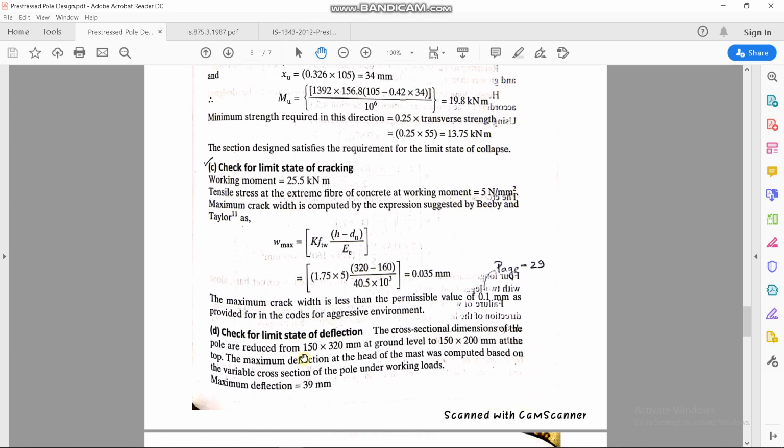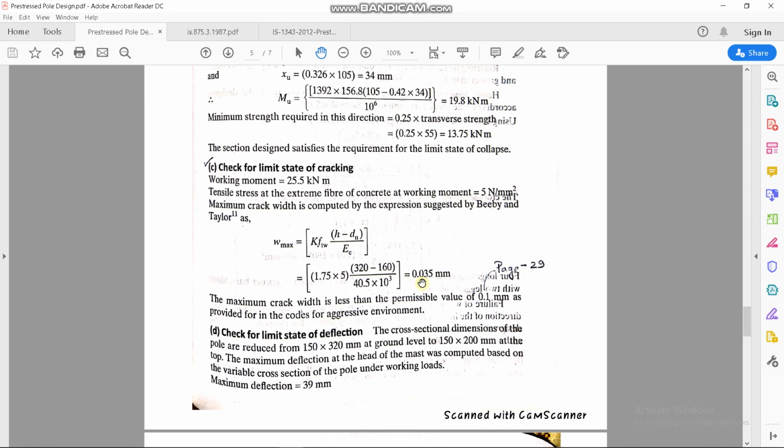Under the applied working moment, how much crack will appear, that you have to calculate. So again you have a general recommendation through which they have calculated the width of the crack which will be coming due to the working moment using this expression. Simply evaluating this expression, you have a value of 0.035.